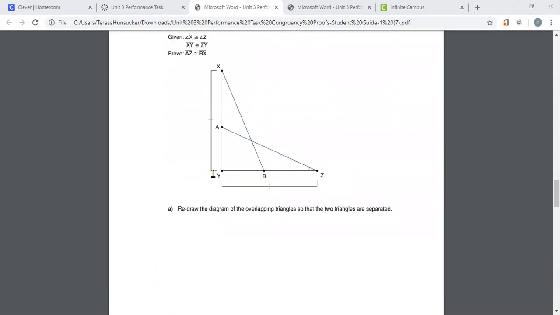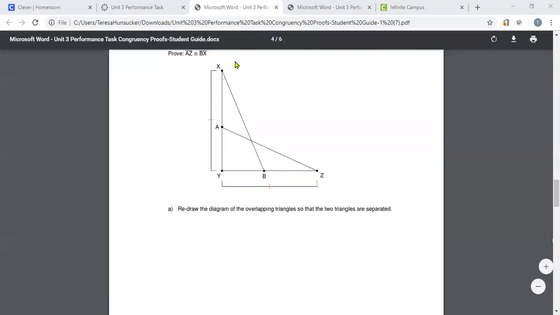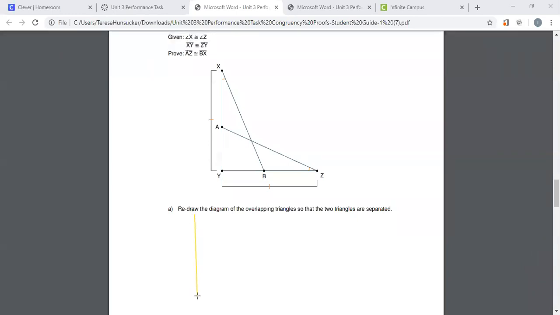Now, with that being said, if I draw the left triangle, and then I draw the right triangle, not exactly perfect, but most things aren't.